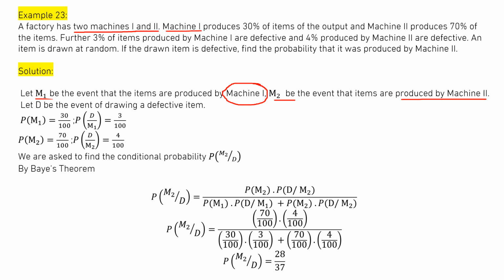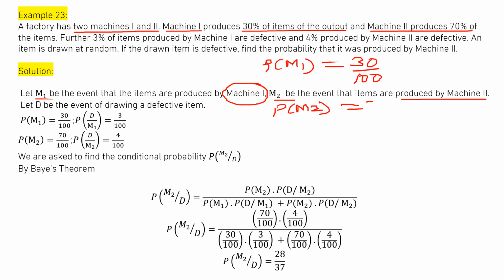Machine 1 produces 30% of the output. That means probability of M1, that is probability of machine 1 producing, is 30%, that means 30 by 100. Machine 2 produces 70%, so you can write probability of M2 is equal to 70%, which is 70 by 100.